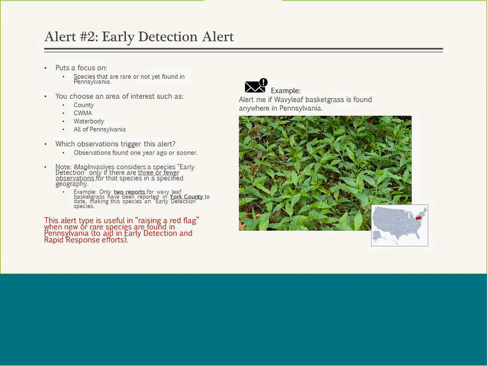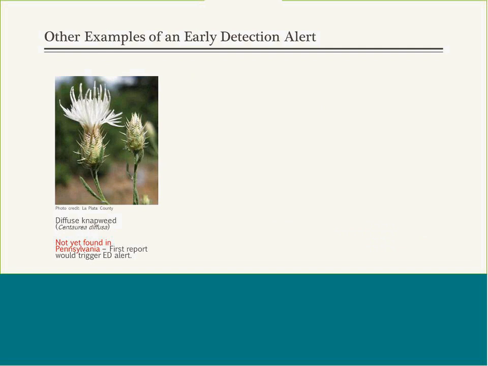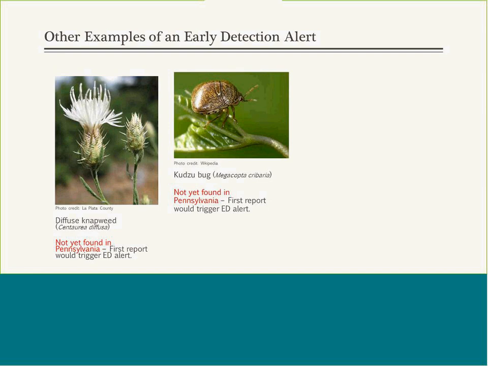Some other examples of an early detection alert. This is a photo of diffuse knapweed. Right now, it's not known to be in Pennsylvania. So if you set up an alert specifically for this species, anywhere in Pennsylvania, the first report would trigger this early detection alert. Okay, kudzu bug, this is another species that we don't have in Pennsylvania yet, as far as we know.